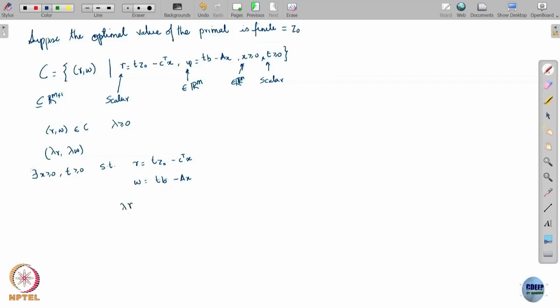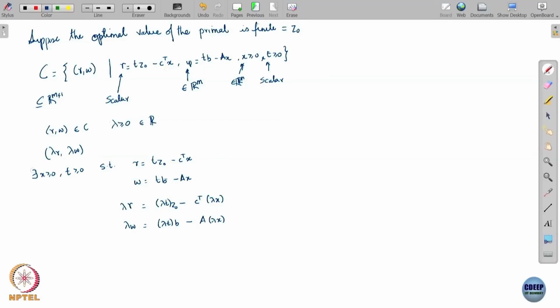I would get lambda R equals lambda T times Z0 minus C transpose lambda X, and lambda W equals lambda T into B minus A into lambda X. Lambda is a scalar.